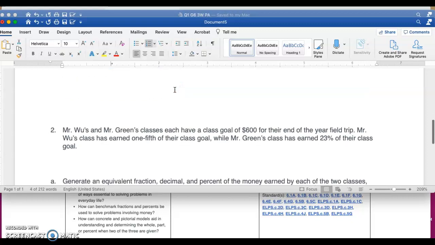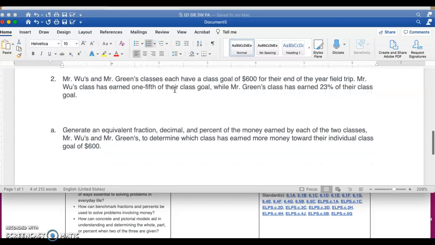So we look down at question 2. Looks very similar. Mr. Wu and Mr. Green's classes each have a class goal of $600. Mr. Wu's class earned 1/5, while Mr. Green's class earned 23%.